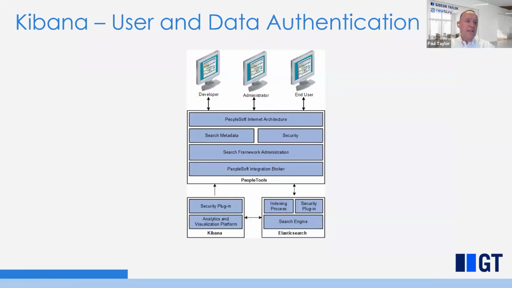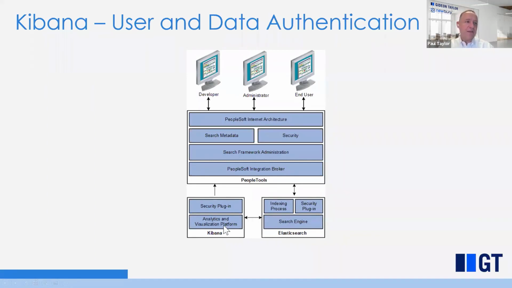And basically, Kibana and Elasticsearch are communicating with PeopleTools in order to maintain near real-time indexes or scheduled update indexes to present the search engine that you're going to be using for your Elasticsearch-based searches inside of PeopleSoft.